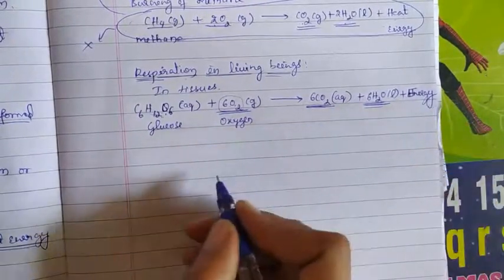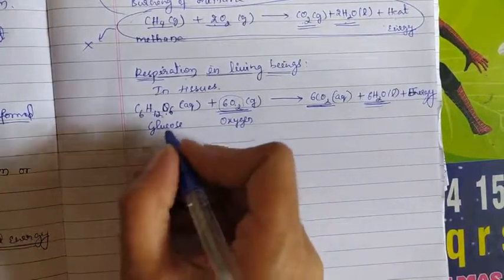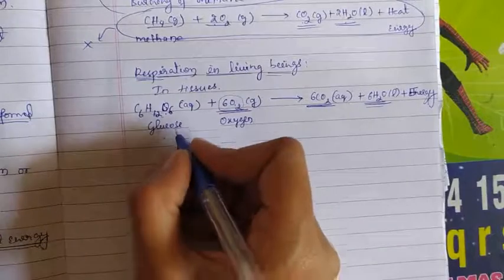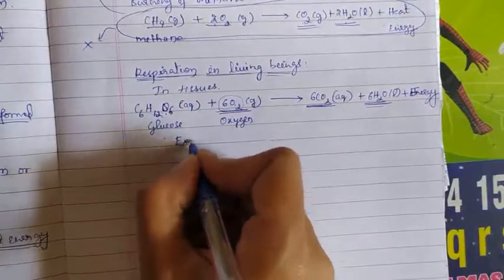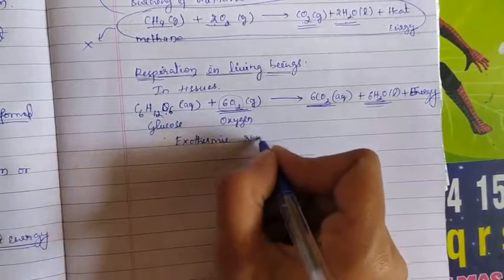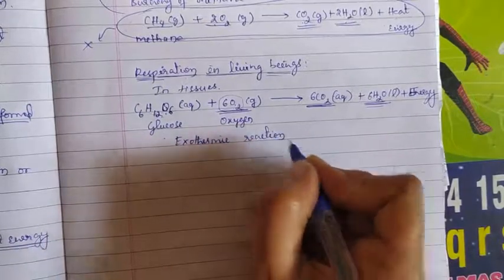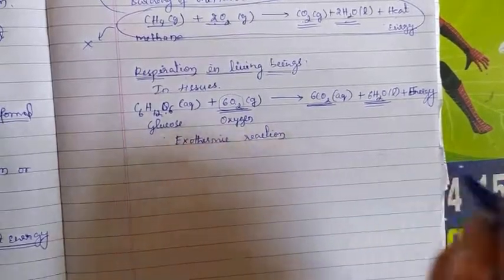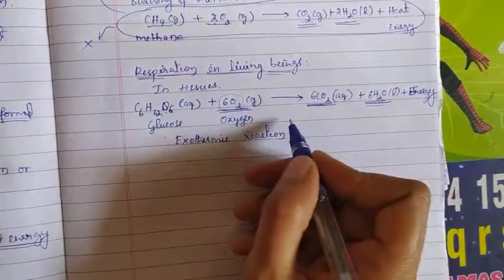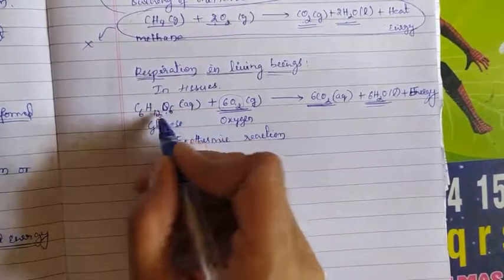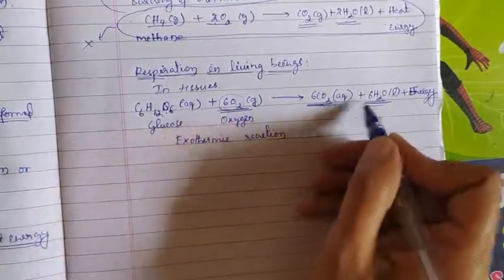Therefore, respiration in living beings is also an example of an exothermic reaction. Remember that it is not an example of a combination reaction, because here two reactants react to form two products.